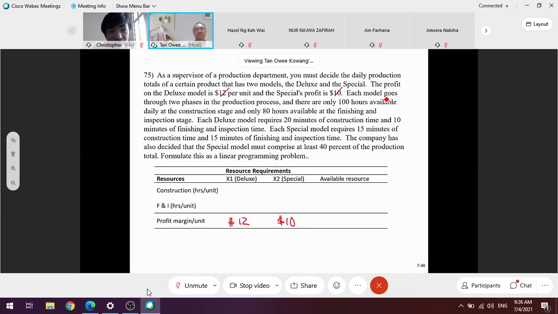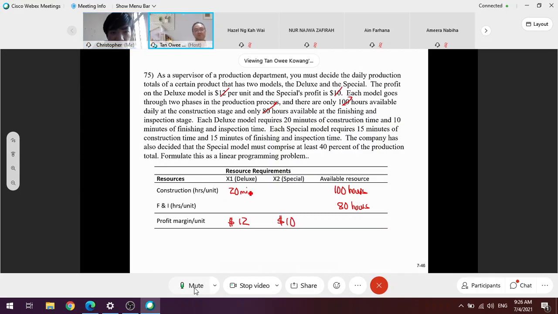Each model goes through two phases, and there are only 100 hours available daily at construction. 100 hours. And 80 hours available at finishing. Each deluxe model requires 20 minutes for construction. Deluxe requires 20 minutes.